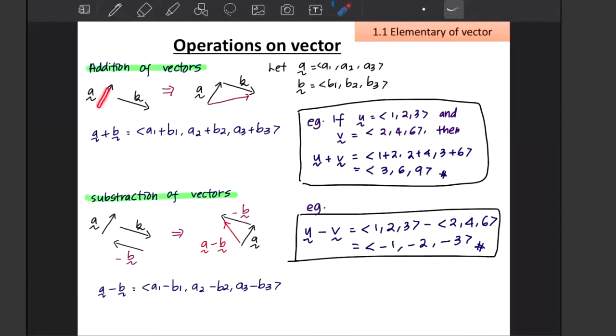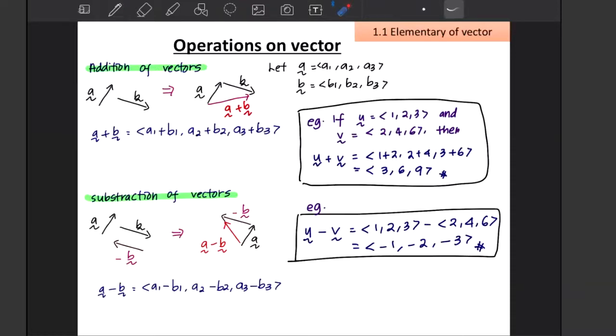If we have this vector A pointing up, and this one is vector B, and we want to find the addition A plus B, start from here, A, then B. This is the vector A plus B. To calculate A plus B, just add the components: X component with X, y with y, z with z.